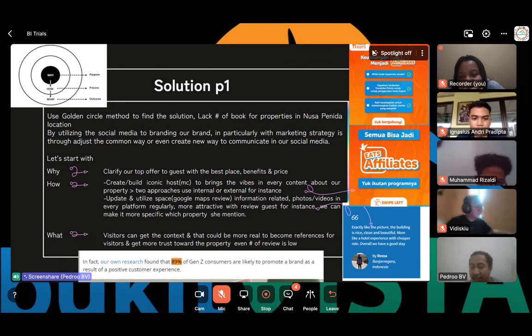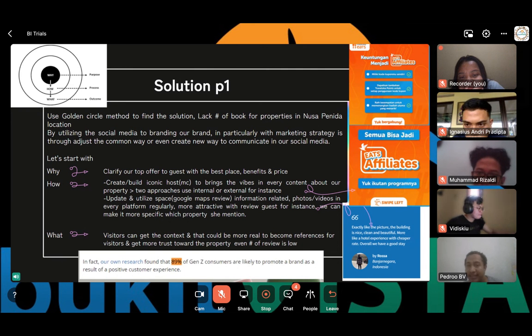For instance, the external is like Traveloka Eats. Traveloka Eats uses the people who buy the food, using their affiliation or their platform. The benefit is that people can get the discount and the platform can get the exposure.